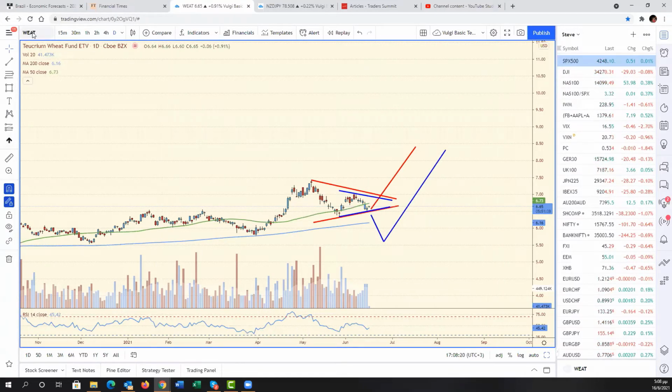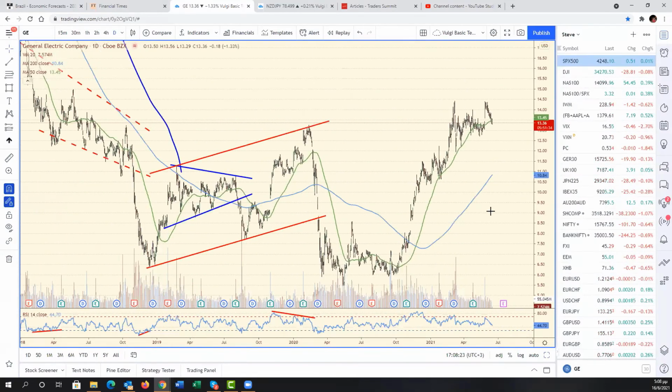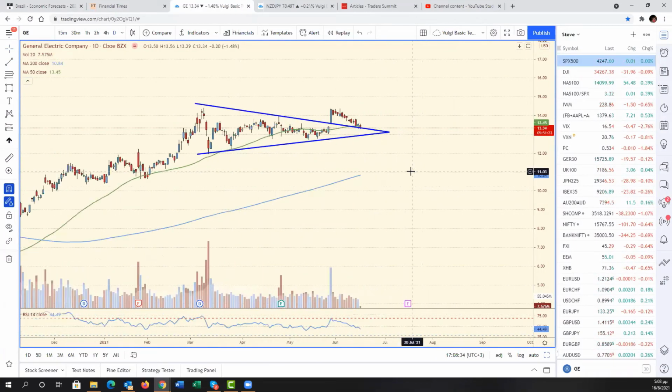GE. Bullish. And it might be bullish from here, literally here.